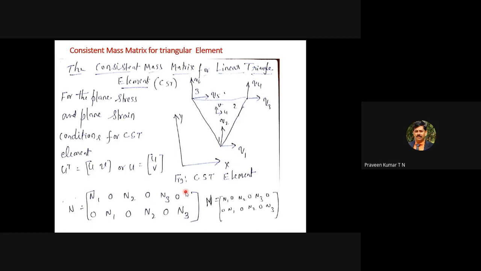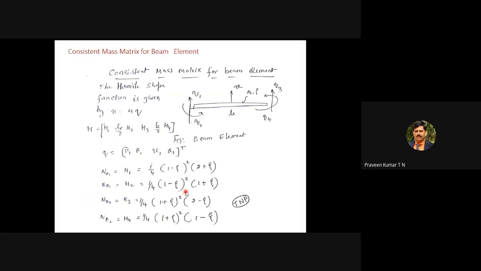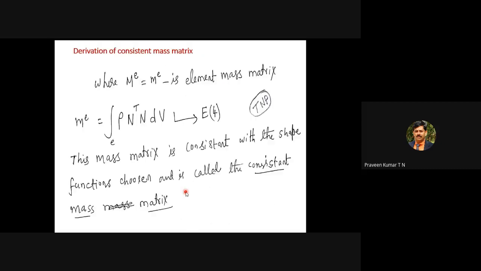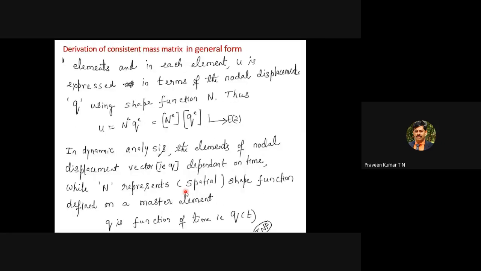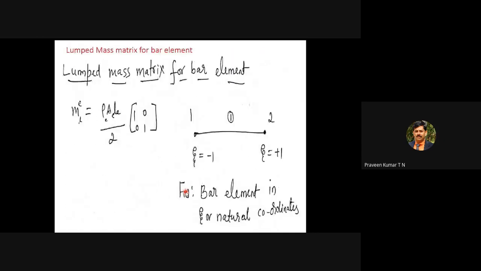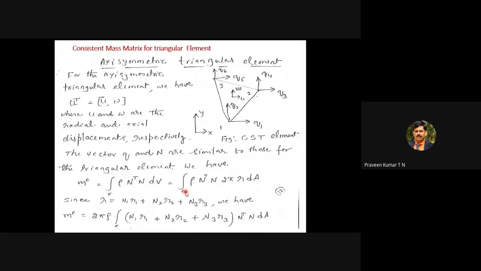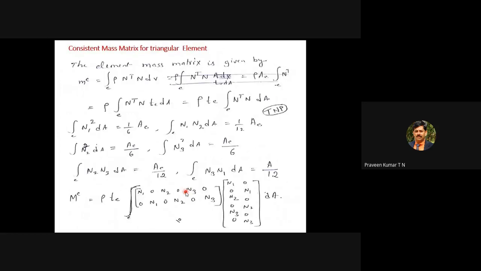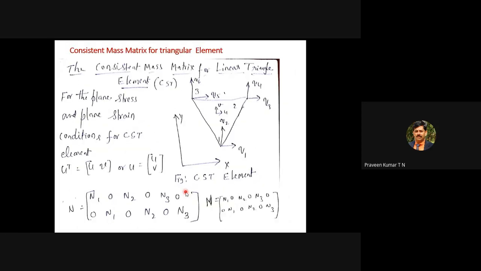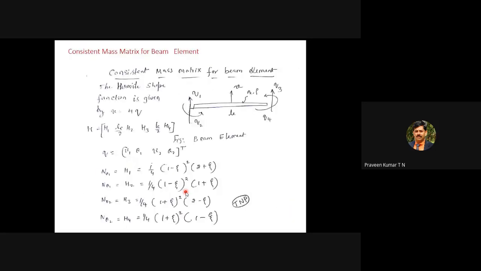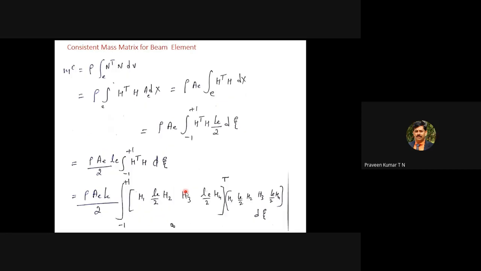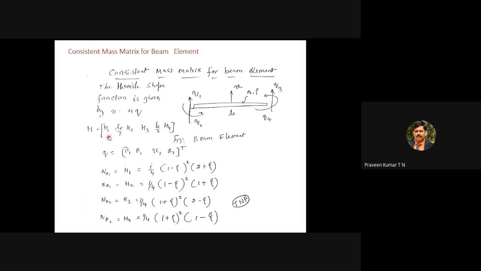In the case of the beam, you have already seen the order of the shape function matrix: H1, LE by 2 H2, H3, LE by 2 H4, that is 1 by 4.